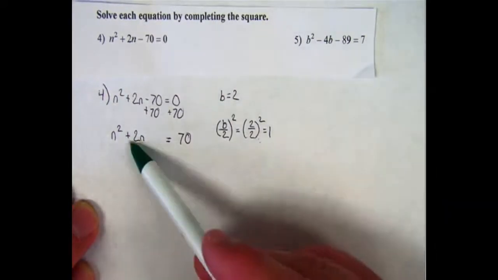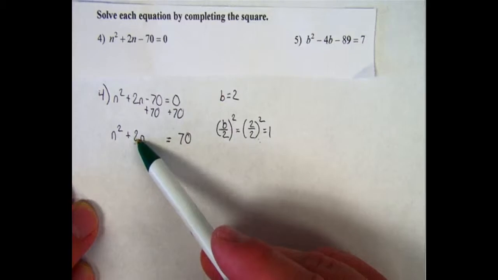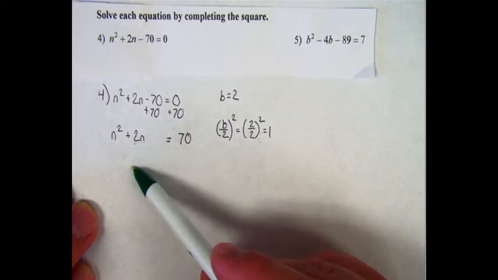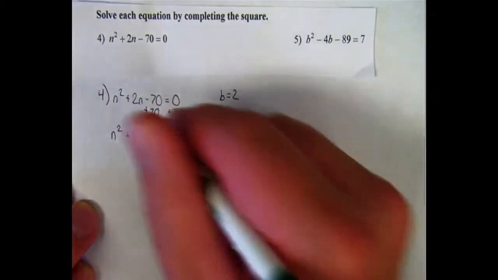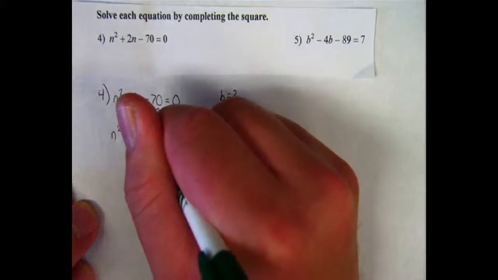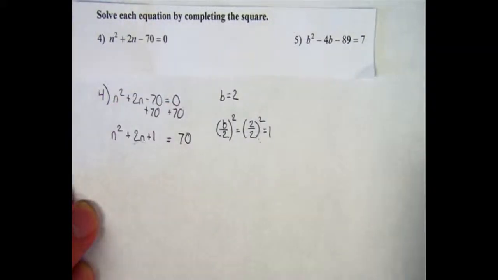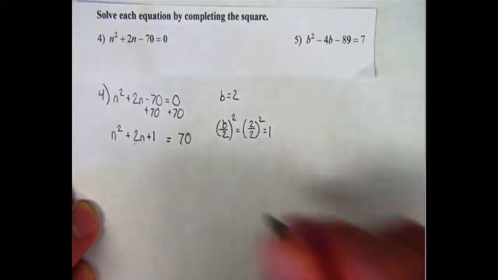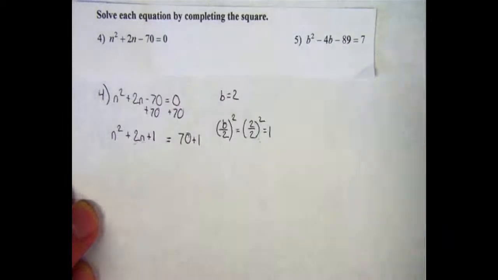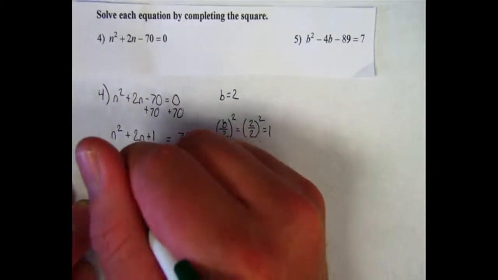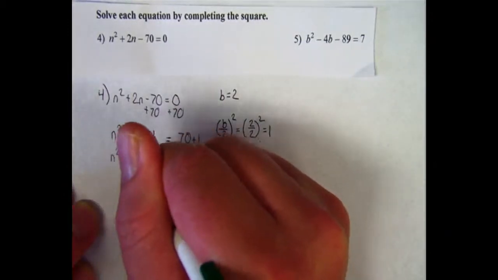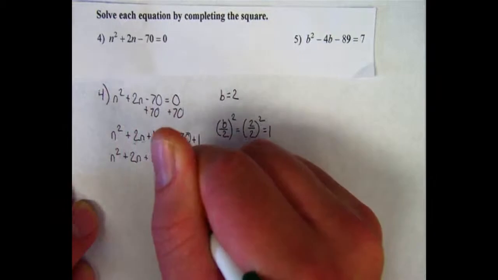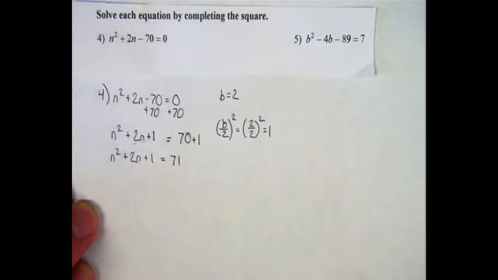So again, where that came from is I took this number, I took half of it, half of 2 is 1, and then I squared that. 1 squared is 1. So I'm just going to add 1 right there. But if I add 1 to one side of the equation, I have to add 1 to the other side. So now this gives me n squared plus 2n plus 1 equals 71.